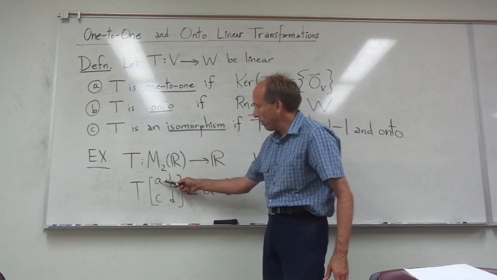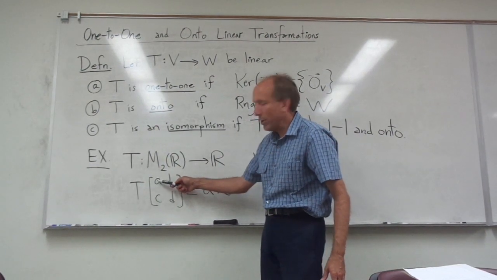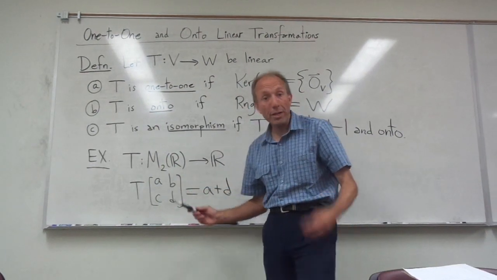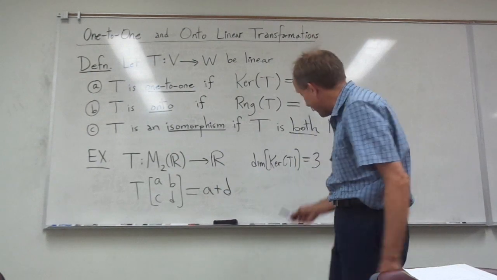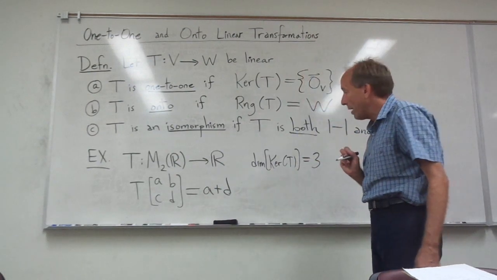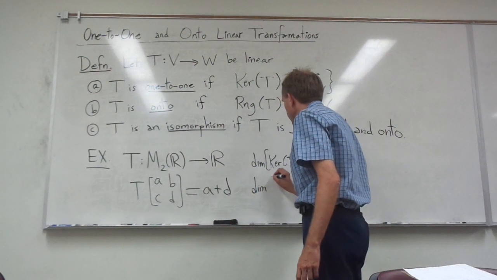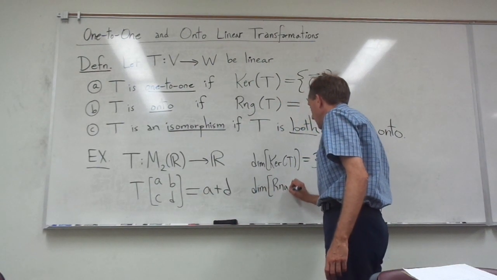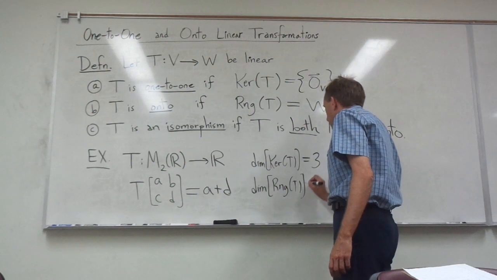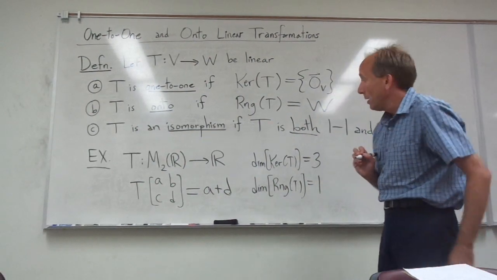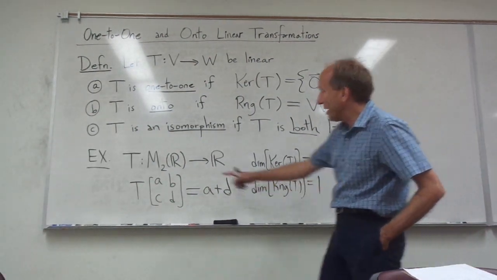Remember that if you replace A with negative D and then you bust out the variables, there'll be 3 free variables for that kernel when you set the transformation equal to 0. And the dimension of the range of T was only equal to 1. Again, 3 plus 1 adds up to 4.